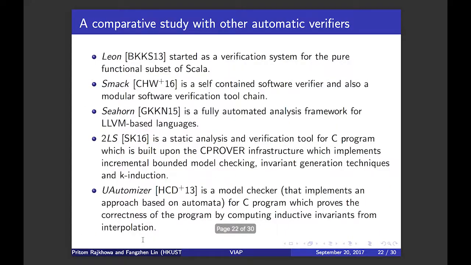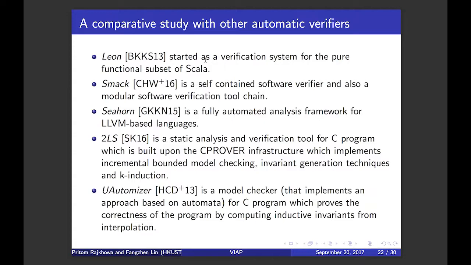Now let's move to the comparative study section, where we have compared our work with 5 state-of-the-art automated verifiers. An automated system means a system that verifies a program with only the pre and post condition, along with the program, given as user input, written in some programming language.